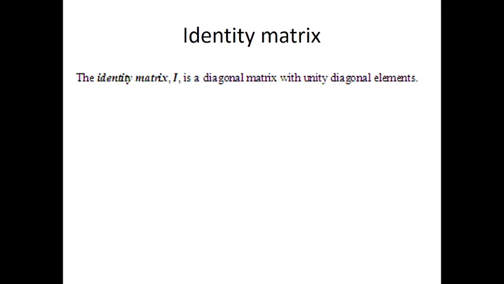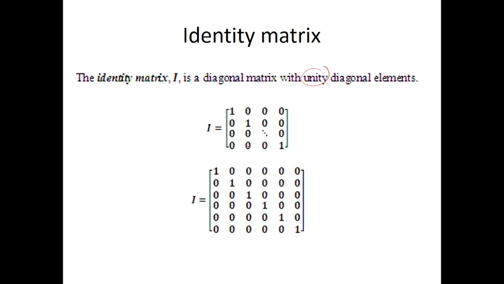In other words, all of the elements in the major diagonal are equal to 1. Unlike the diagonal matrix alone, where they can have any value, this is a special case of a diagonal matrix when all of the numbers are equal to 1.